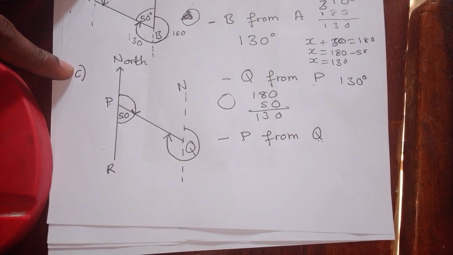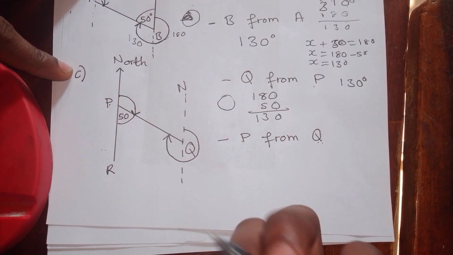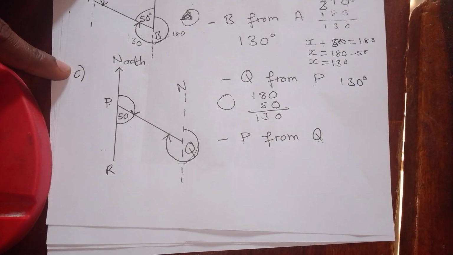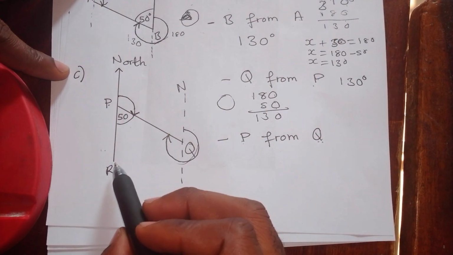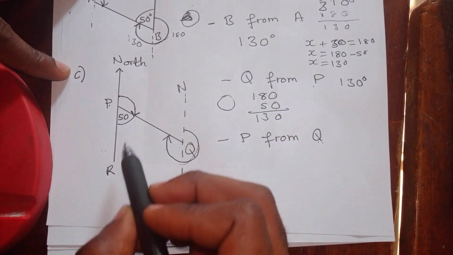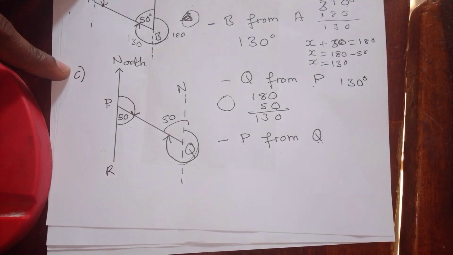So my next job is to find this angle. As you can see, there are so many things you can do. Once again, you have a Z angle here. So if this is 50 degrees, this is also 50 degrees.